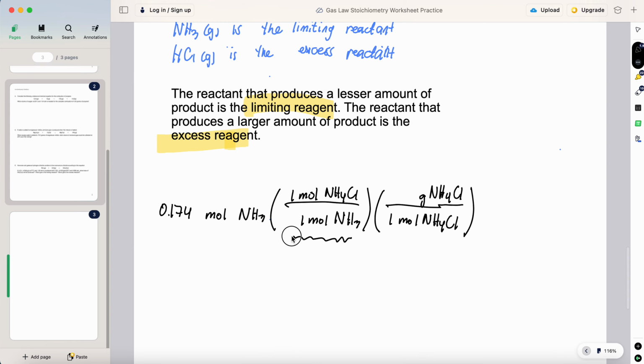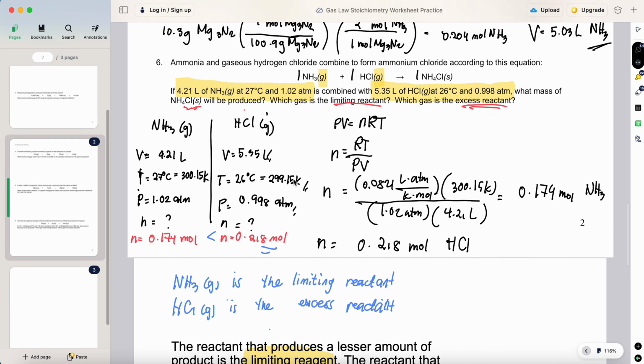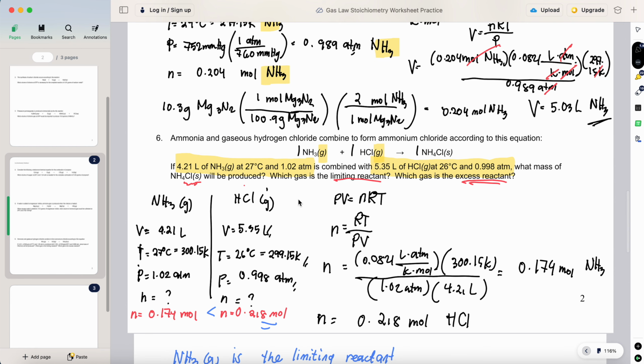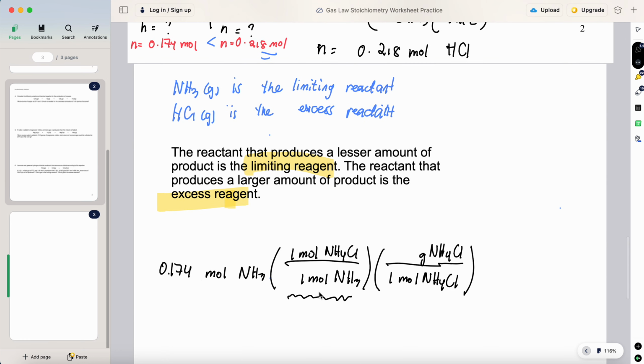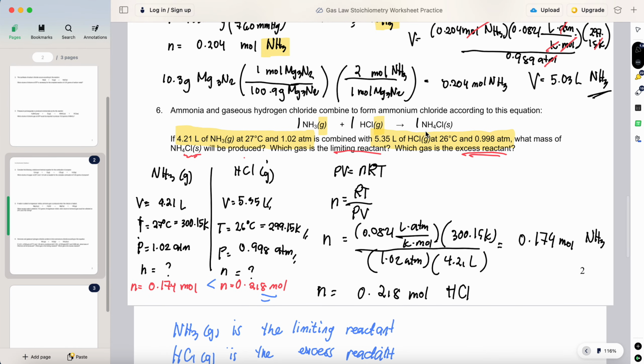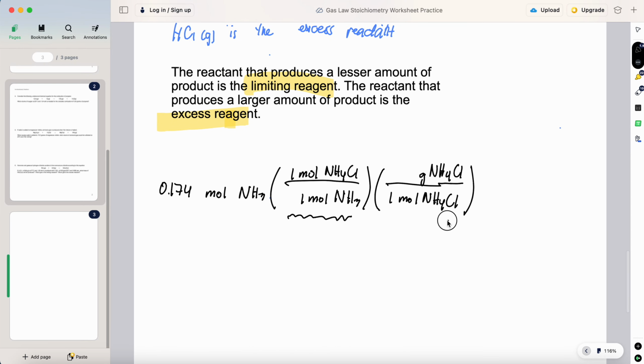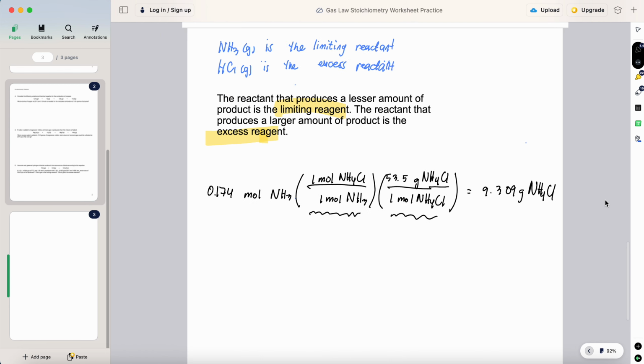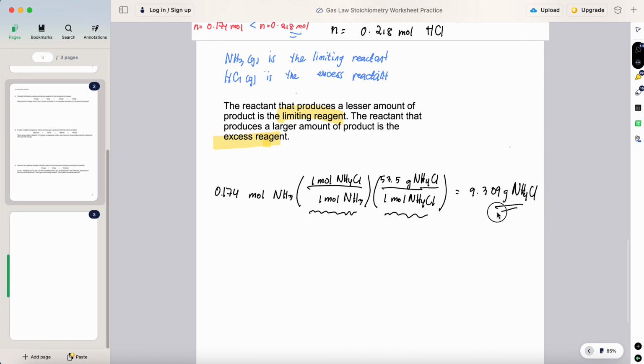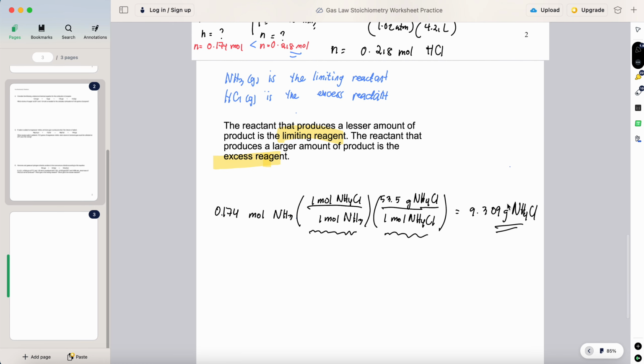So notice that this is what we get by looking at the balanced chemical equation. We have 1 mole of NH3 and we have 1 mole of NH4Cl. Then we get its molar mass. So this should be 53.5 grams. You should know how to get the molar mass. Therefore, we have 9.309 grams of NH4Cl. And that's it. This is our final answer.